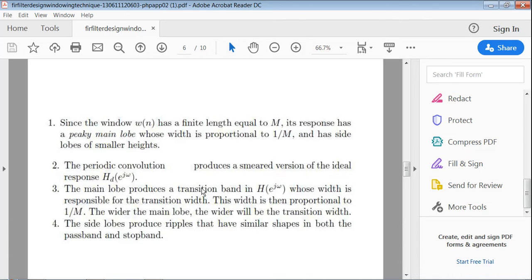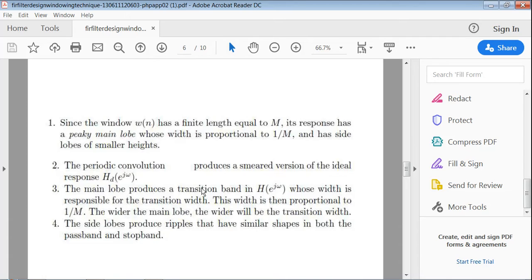Already I had told you the main lobe, the central lobe, produces the transition band whose width is responsible for the transition width. If the width is narrow, the transition width will obviously be very low, and that is what we want.